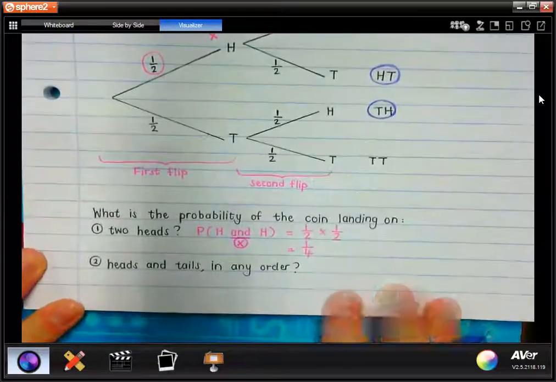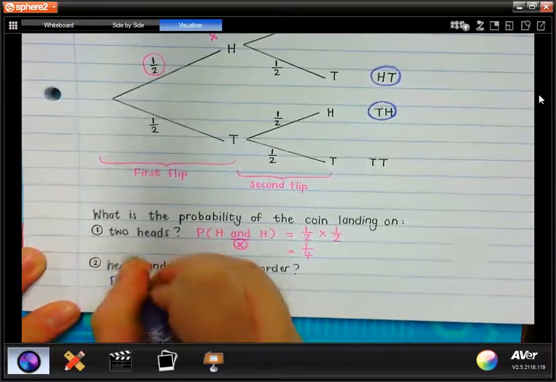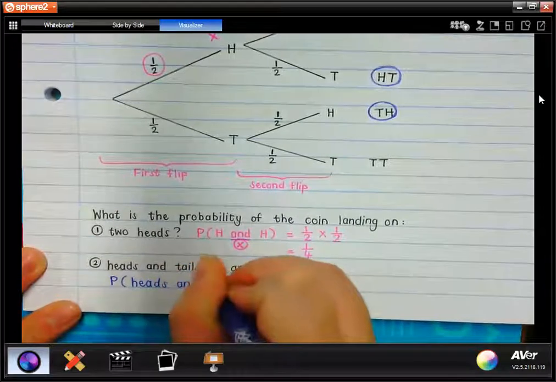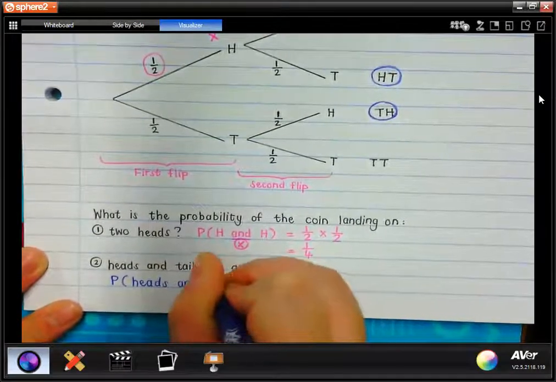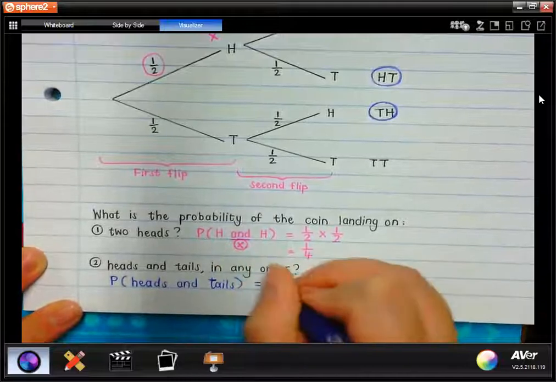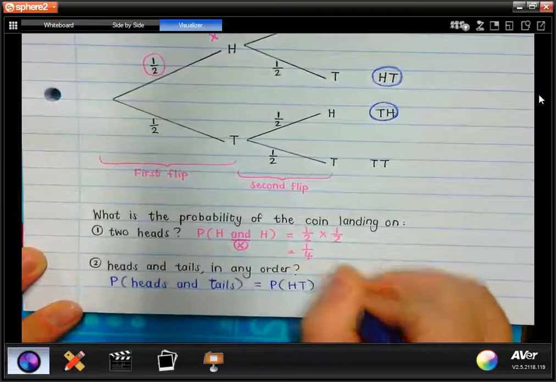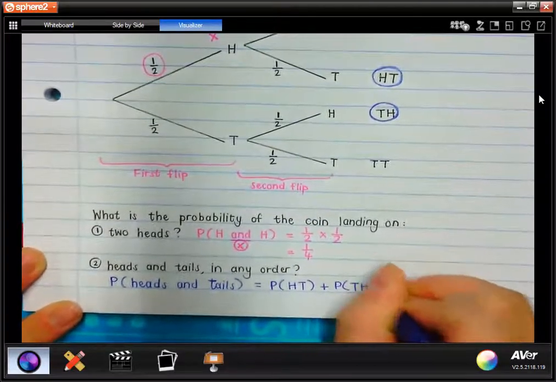Okay, so let's write that out. Probability of, I'm just going to say heads and tails here. Or you could also have just said H and T, that's fine. So this is now going to be the probability of HT plus the probability of TH.